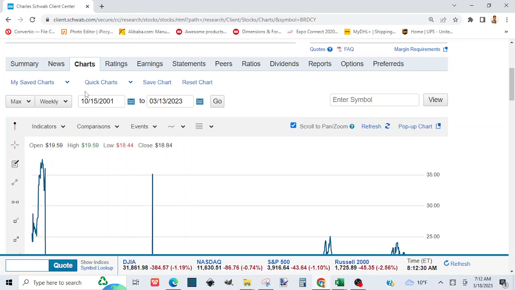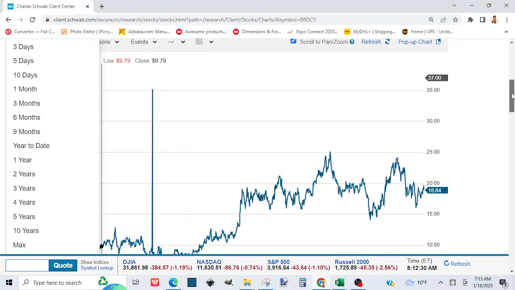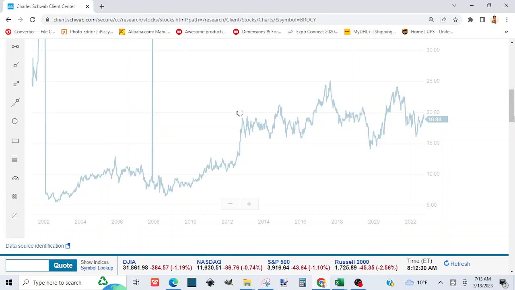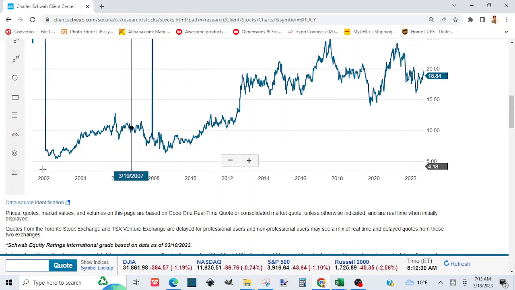Once you have a good number of stocks listed on your spreadsheet, that's how you are going to go through them. You want to make sure the chart is at maximum. It is maximum, and it's telling me that the company went public in 2002, and that's something we are going to use.